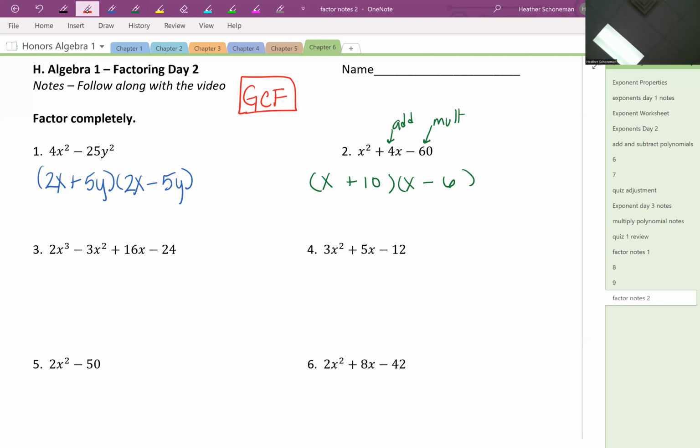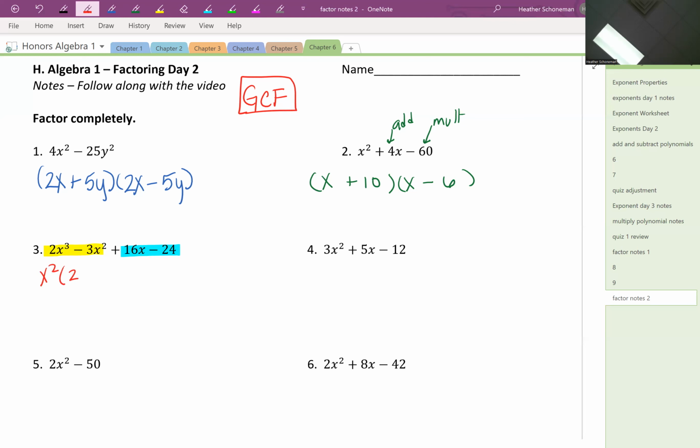Okay, number three, first thing we're going to look for is the greatest common factor. But again, there isn't one. This one is a polynomial. It has 4 terms. So when it's 4 terms, we're going to factor by grouping. We can group the first two things together, and we can group the next two things together. When I'm factoring that, I look to see what the greatest common factor of the first two terms is, and that's x squared.